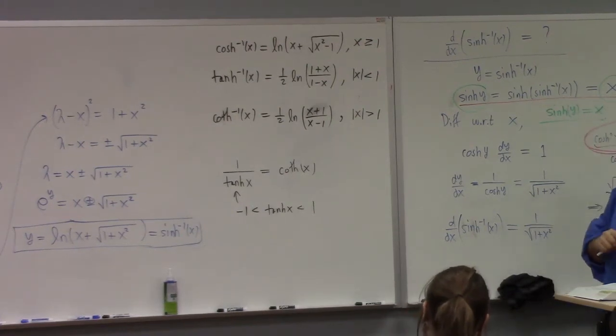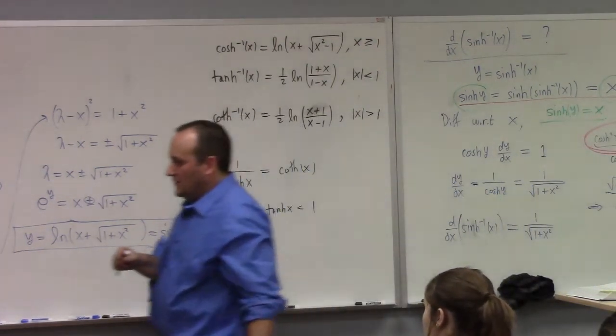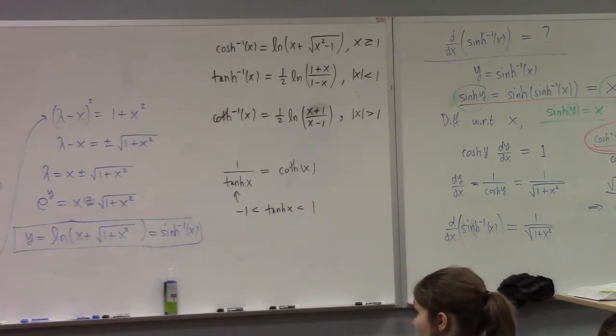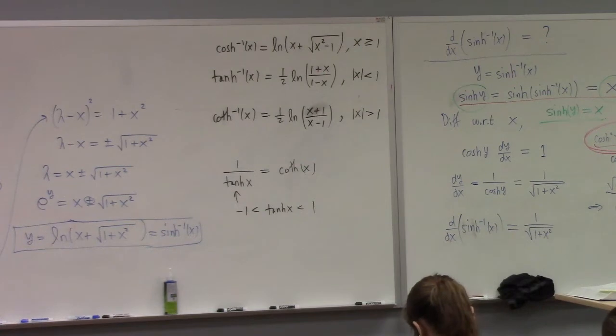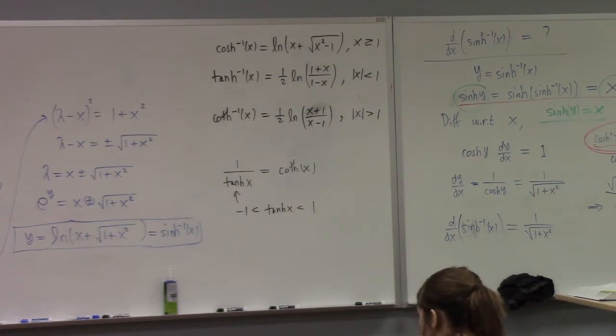So I think you could say that this is equal to coth inverse of x plus a constant for absolute value of x greater than 1. So you put these two together for different cases.